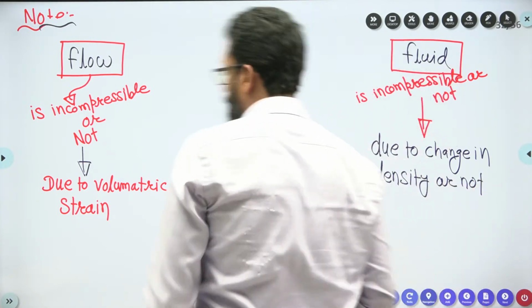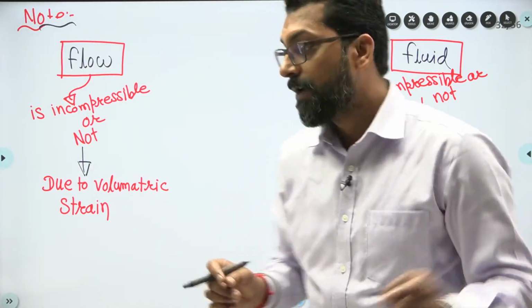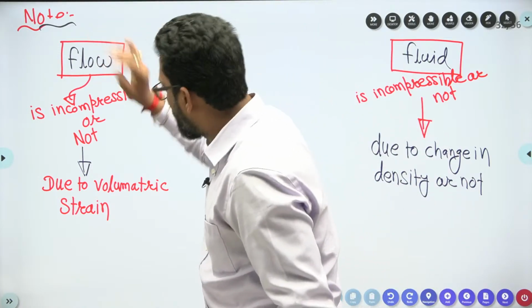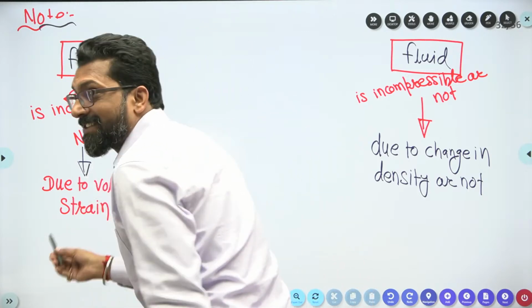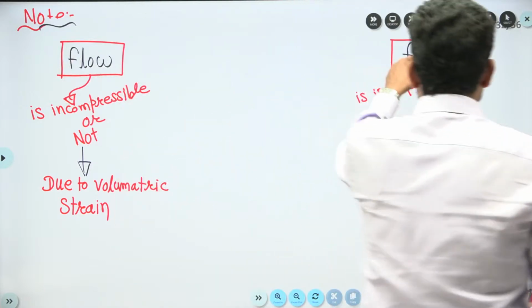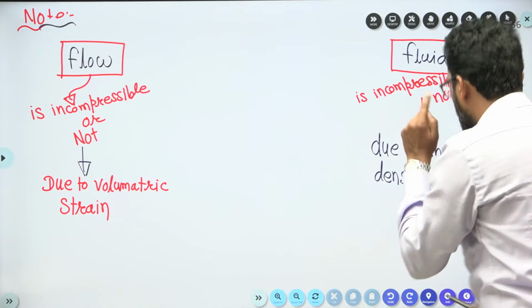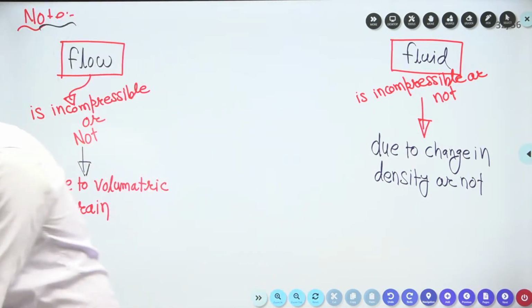So this is a very subtle concept I am telling you. If you check whether the fluid flow is incompressible or not, you check the volumetric strain. And if you say the fluid is incompressible or not, you check the change in density or not.